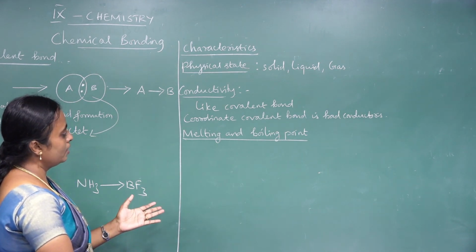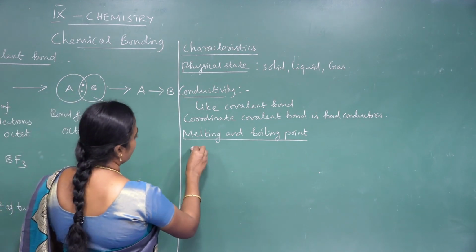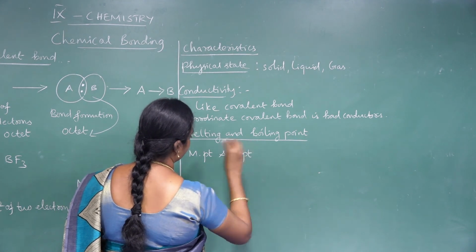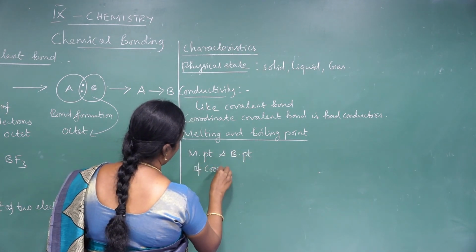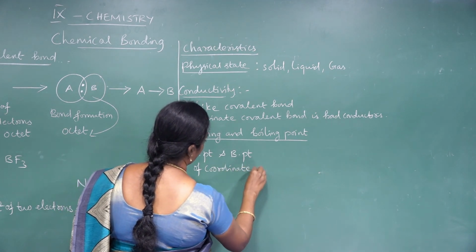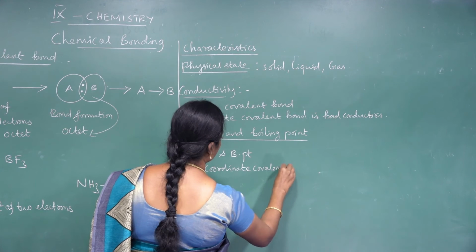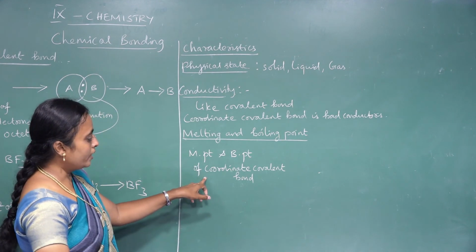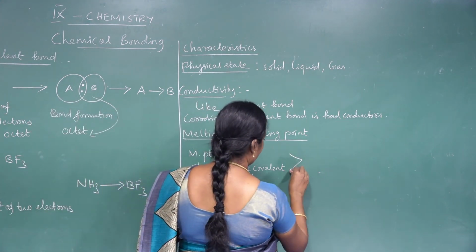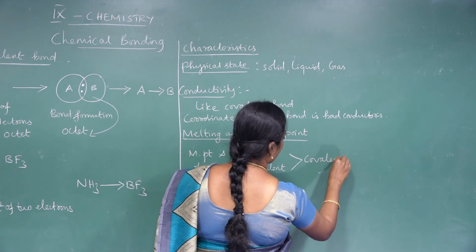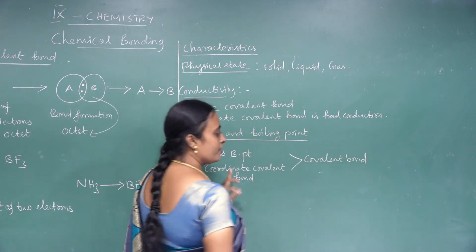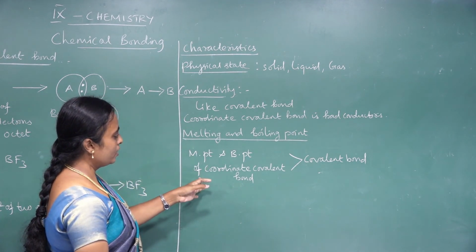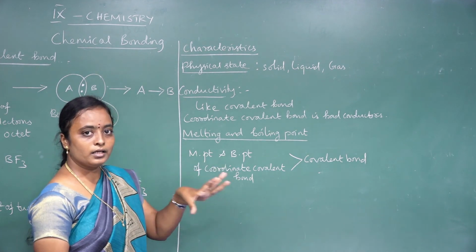If you compare with the covalent bond, generally the melting point and the boiling point of a coordinate covalent bond should be higher. That is, the melting and the boiling point of a coordinate covalent bond should be greater compared with the normal covalent bond. So a coordinate covalent bond should have a high melting and boiling point.